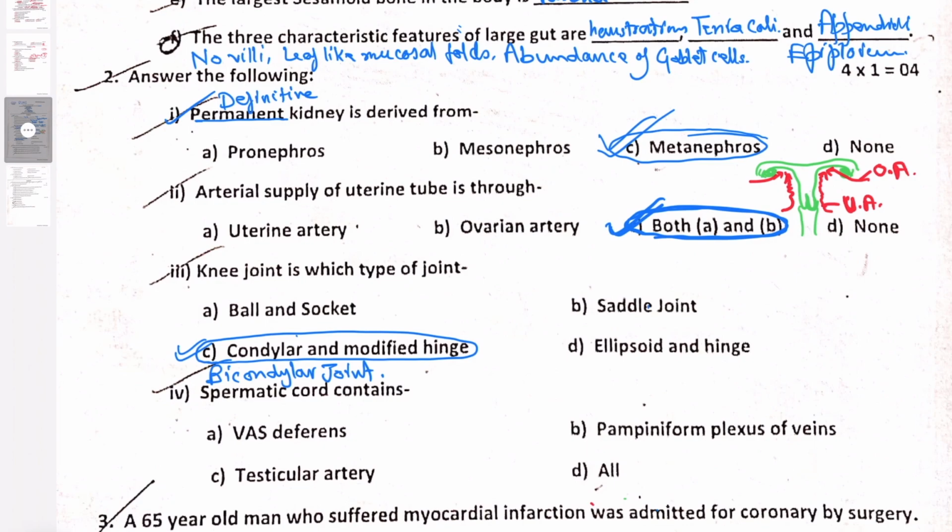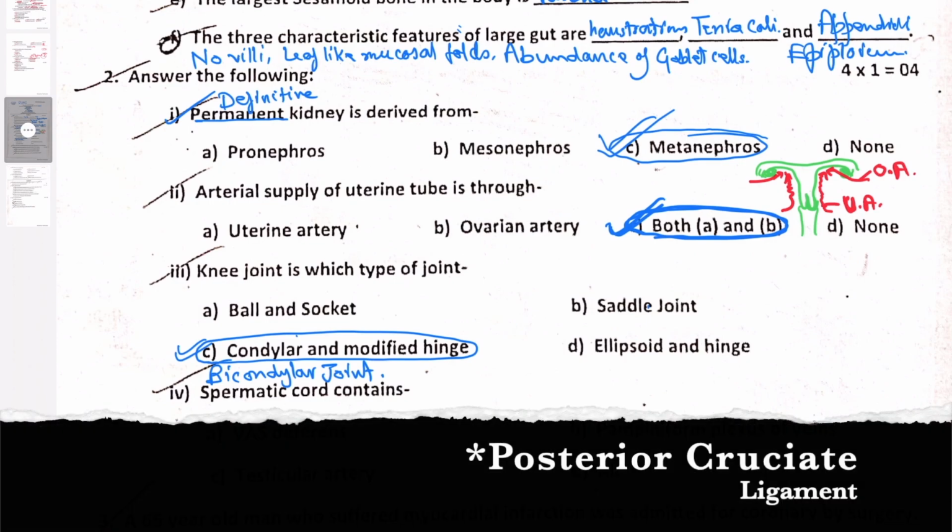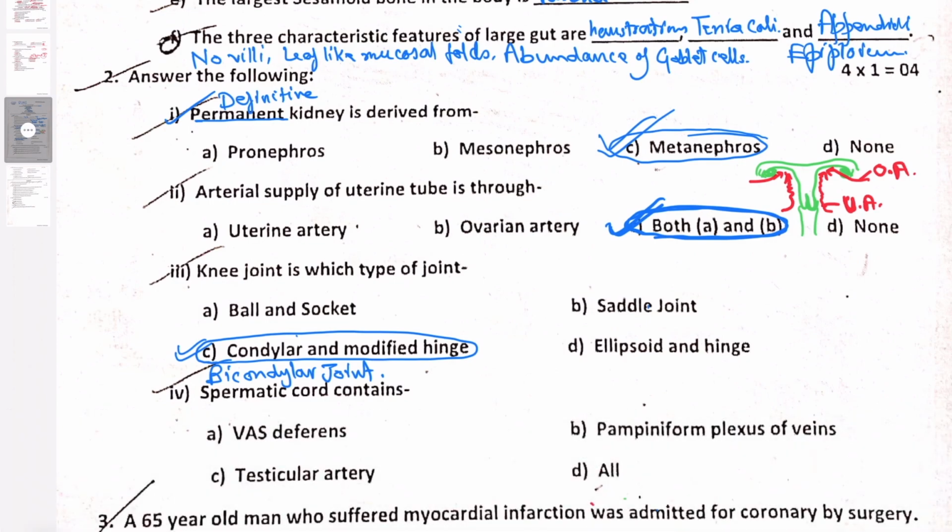And I'll tell you that the ACL and PCL, anterior and posterior cruciate ligaments, also have a morphological significance of being collateral ligaments. The posterior cruciate ligament is supposed to be the medial collateral ligament of the lateral tibiofemoral joint. The anterior cruciate ligament is supposed to be the lateral collateral ligament of the medial tibiofemoral joint.